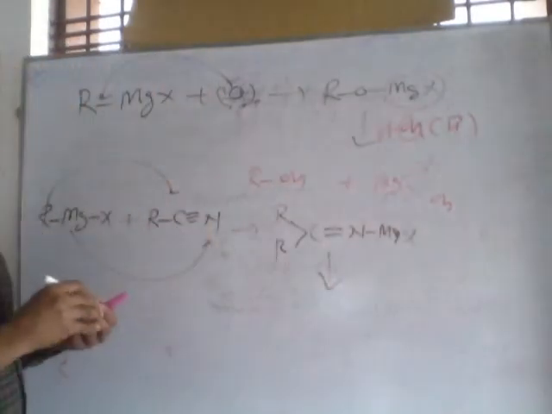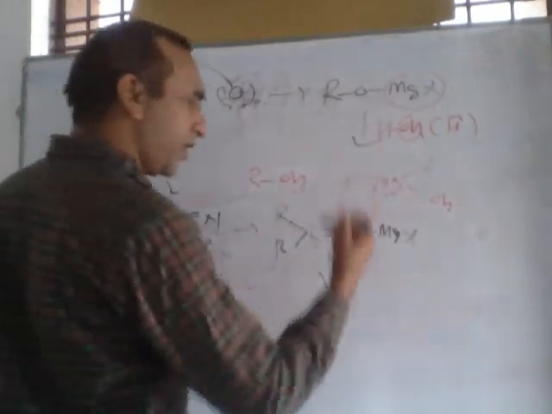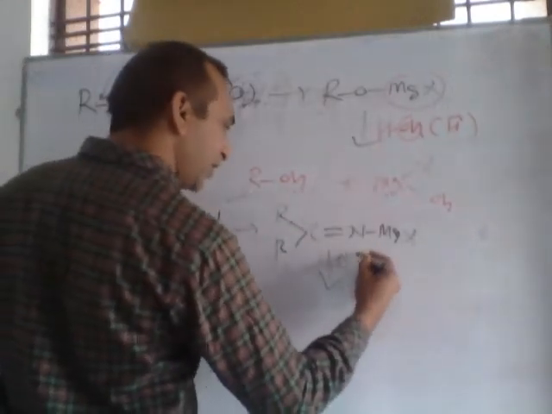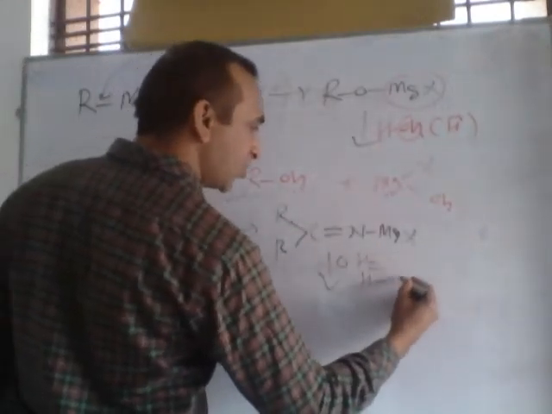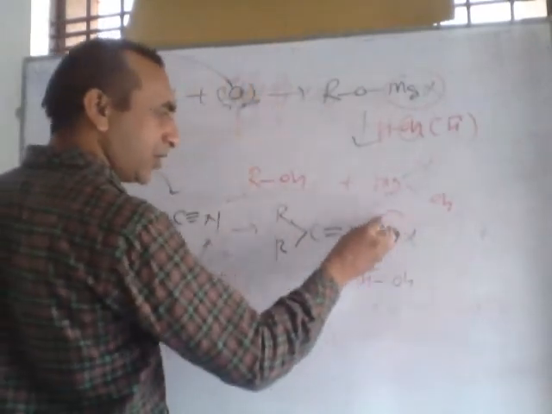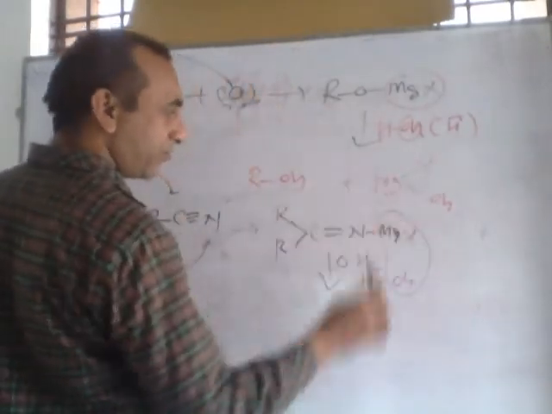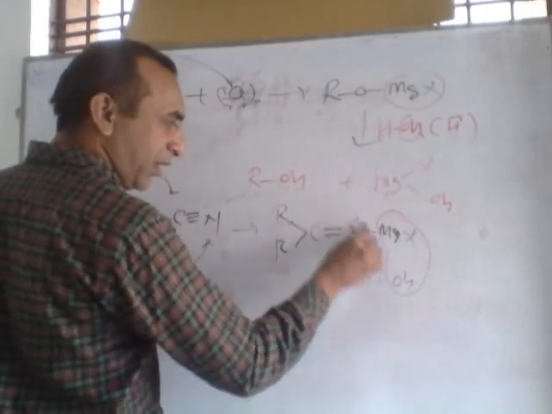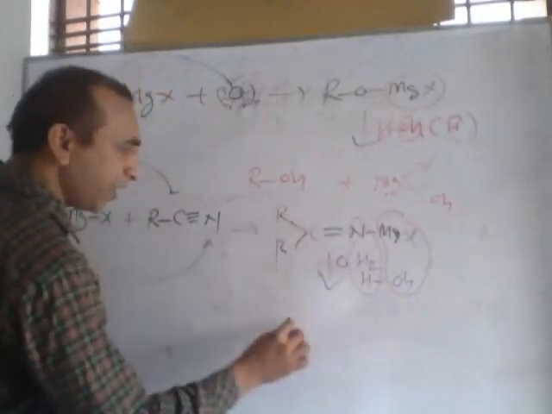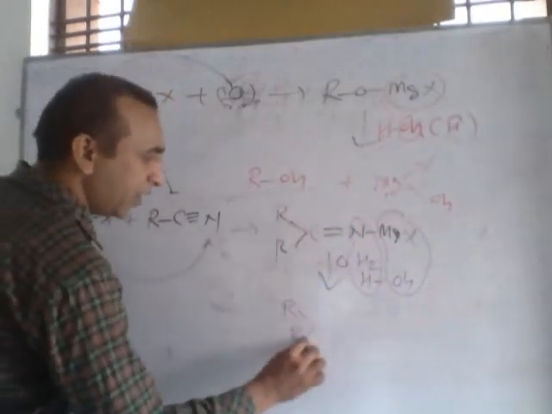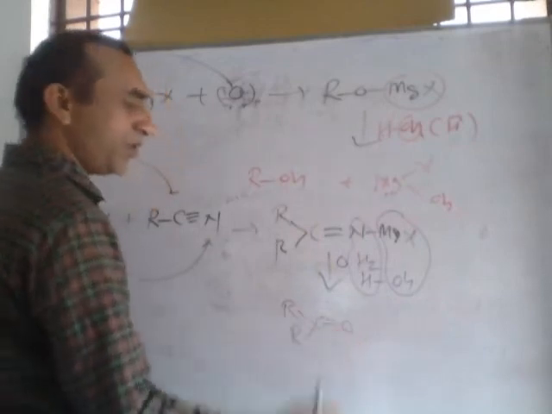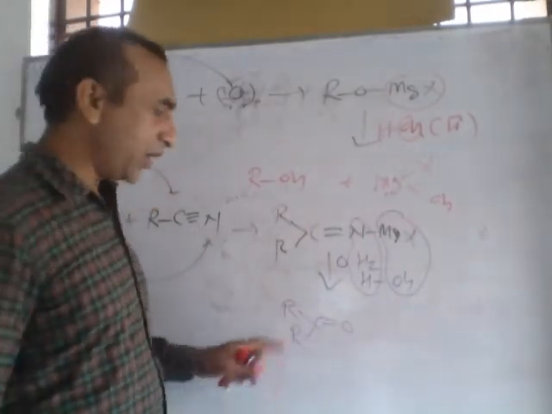This is an intermediate compound. If this compound is heated with water, 2 water molecules are used, and we get NH3 ammonia. This O joins here. After joining here, this type of compound is formed. This compound is called ketone, not alcohol, ketone.